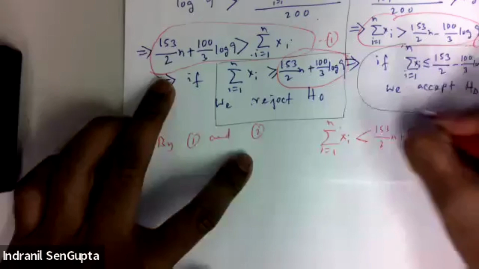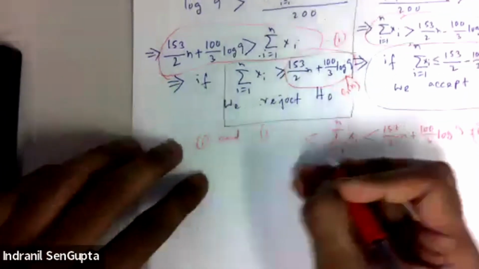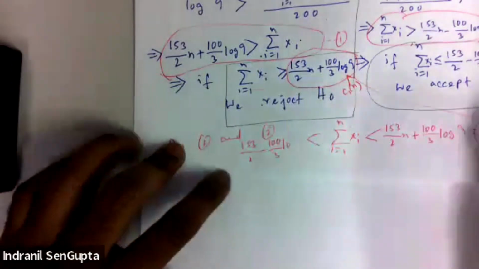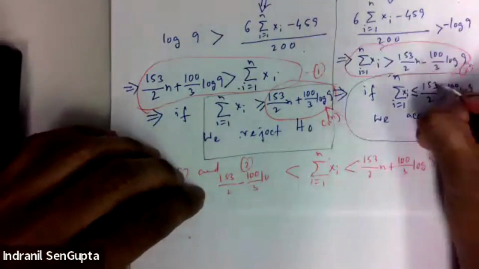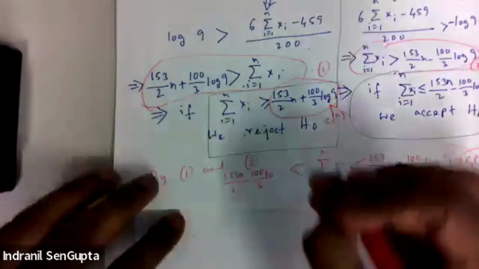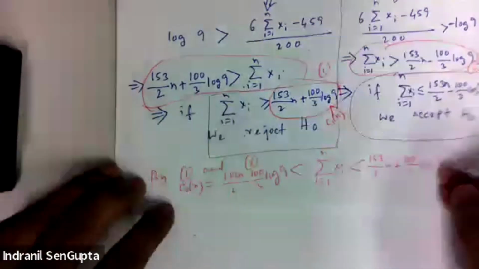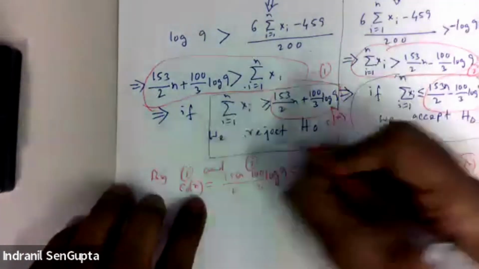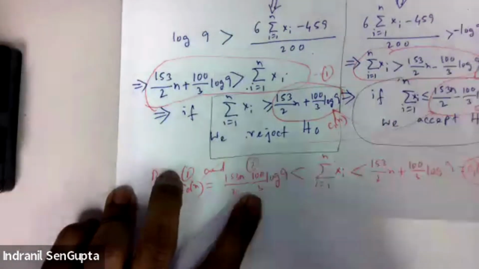And this is bigger than 153 over 2n minus 100 over 3 log 9. Sorry, there's an n missing somewhere. This we call C0 of n.